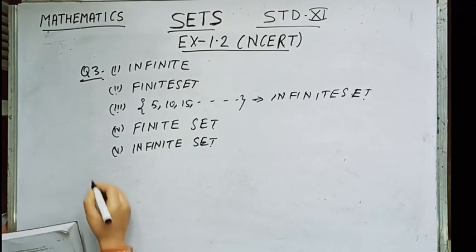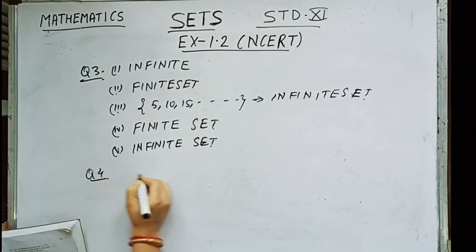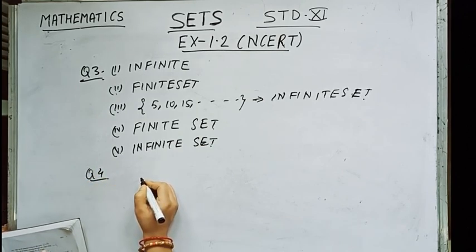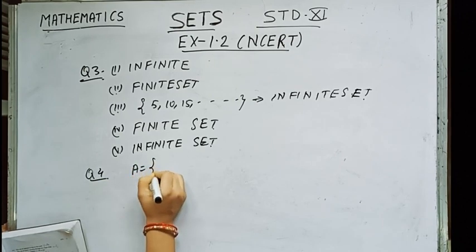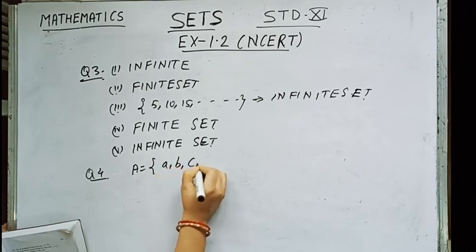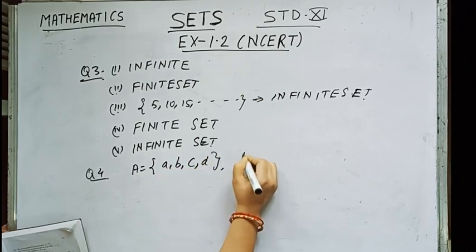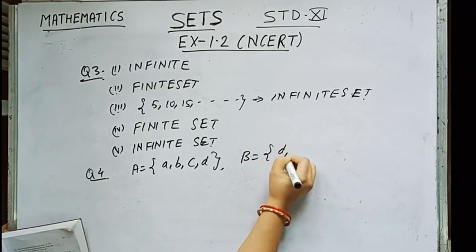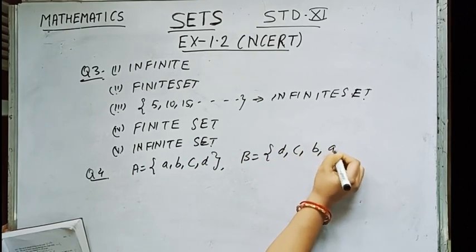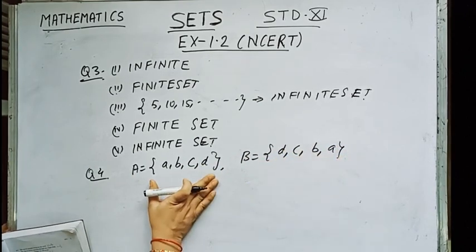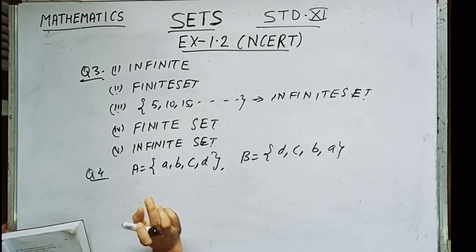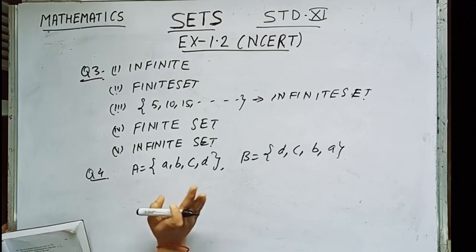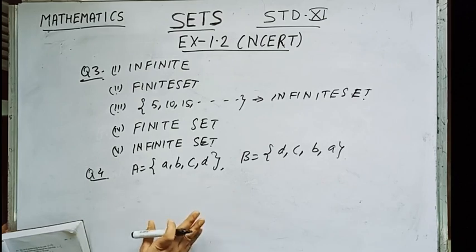Now question number 4. Question number 4 is saying that in each of the following, check whether set A equals B. Means we have to find whether the set A is equal to set B or not. Now if A equals {a, b, c, d} and set B equals {d, c, b, a}. Now children, we know that the order of the elements in a set is insignificant, it is not considered.